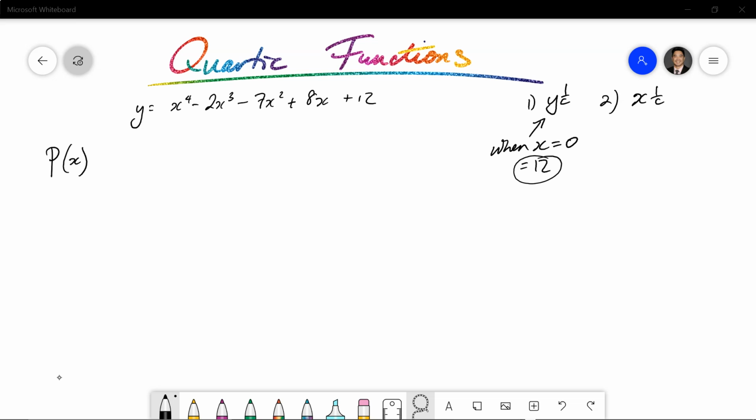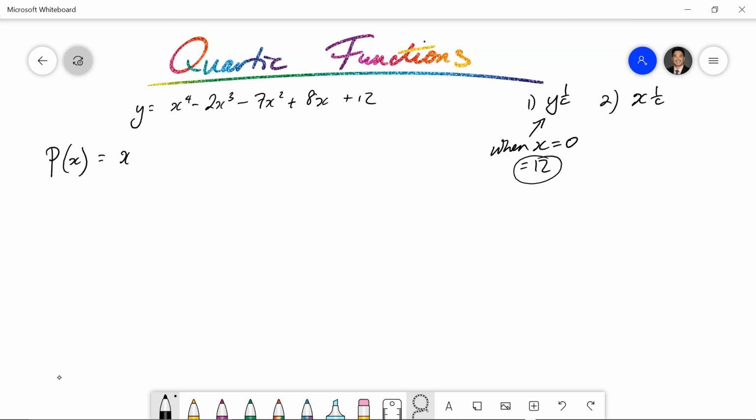So we've got x to the power 4 minus 2x cubed minus 7x squared plus 8x plus 12. I'm going to approach it with the factor theorem and try to figure out what a factor would be by substituting x with a value. So let's start with 1.